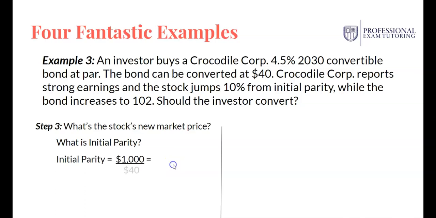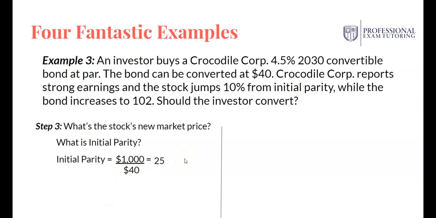Initial parity is where we start off the conversion ratio equation. $1,000 par value divided by the $40 conversion price, and that gives us our initial parity conversion ratio. And so we would say the initial parity prices of the bond are $1,000 and $40 for the stock.